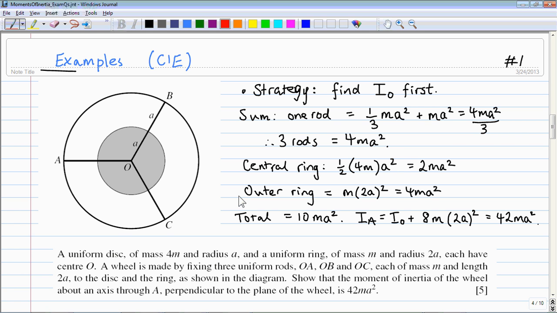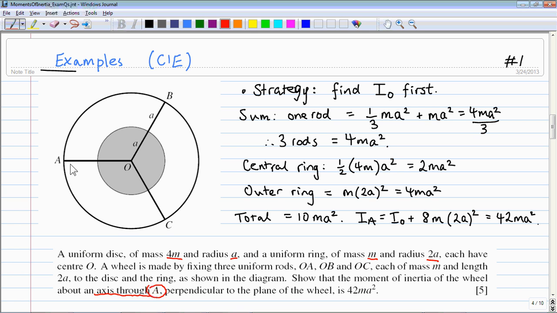So when we read the question, it's at the bottom there, we notice, for example, the masses of the various parts of the system are different. Certain lengths are different, and also, maybe the most important of all, don't forget to read what the axis is. Remember, the axis is defined in two ways. It's defined by its position on the diagram.